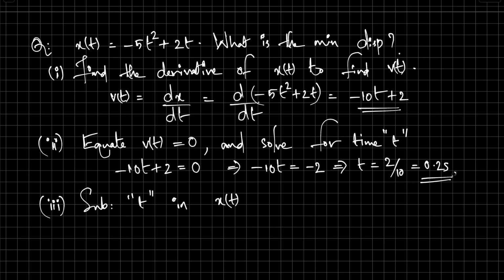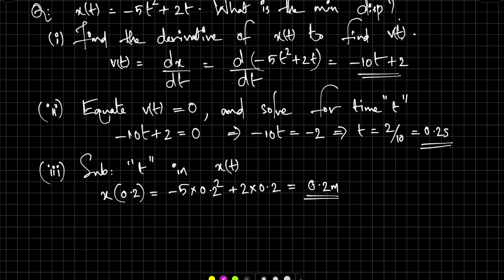I'm going to take t equals 0.2, we put it back here. So x of 0.2 equals minus 5 times 0.2 square plus 2 times 0.2. 0.2 meters is the maximum displacement of this object.